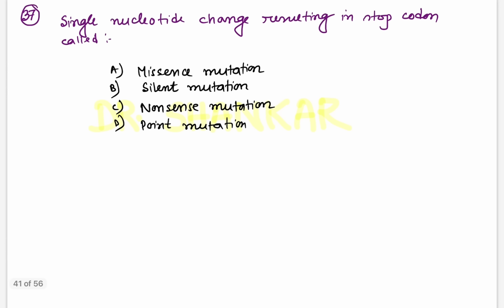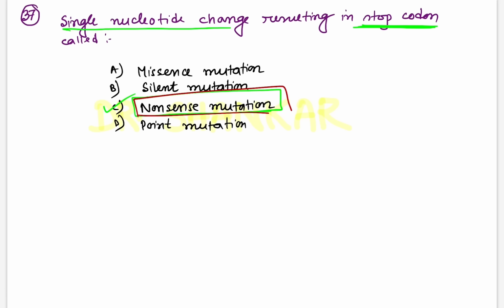Coming to question number 37, single nucleotide change resulting in stop codon. Whenever a mutation causes insertion of a stop codon, it is called a nonsense mutation. All of you know about the stop codons. What are the stop codons?